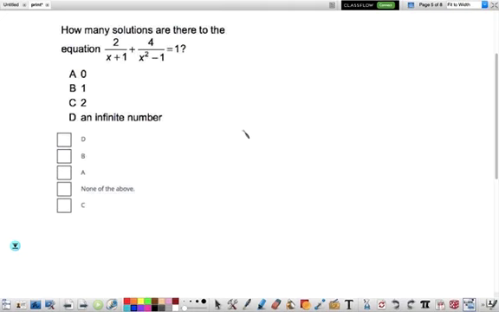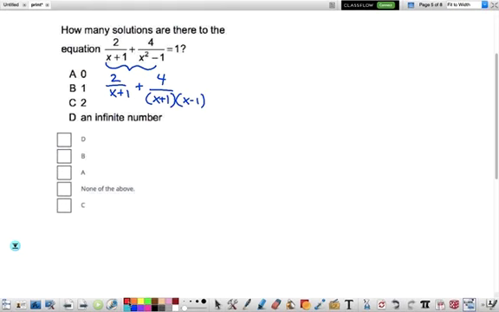Adding fractions. So tell me what I need to do. Adding fractions, so I need the same denominator, right? Let's factor the denominators. 2 over x plus 1, plus 4 over x plus 1 times x minus 1.